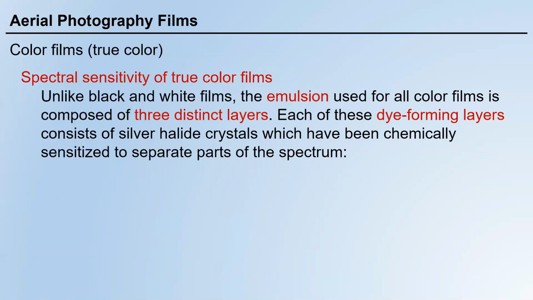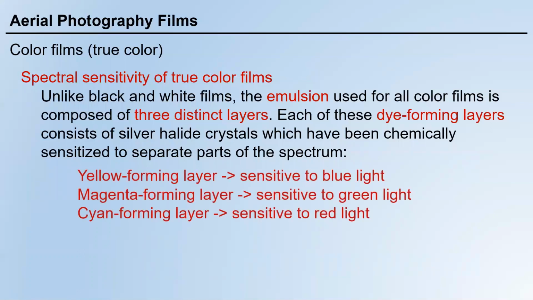Each of these dye-forming layers consists of silver halide crystals, which have been chemically sensitized to separate parts of the spectrum. For example, the yellow forming layer is sensitive to blue light. Yellow is the complementary color of blue, right? So the yellow layer can be used to address blue light.